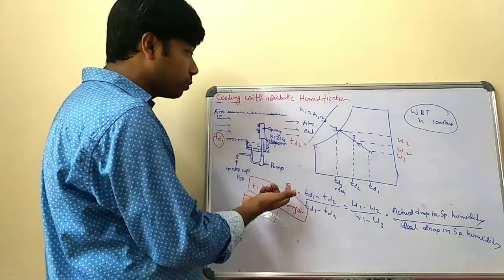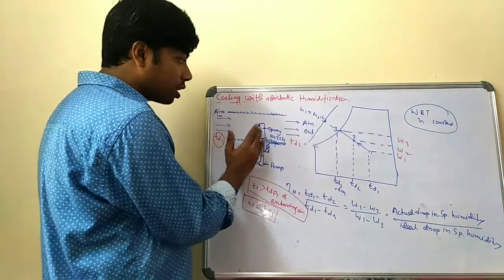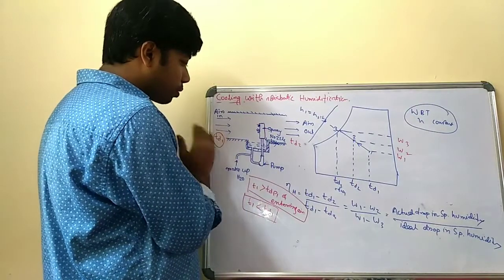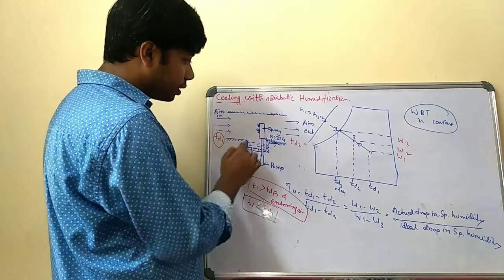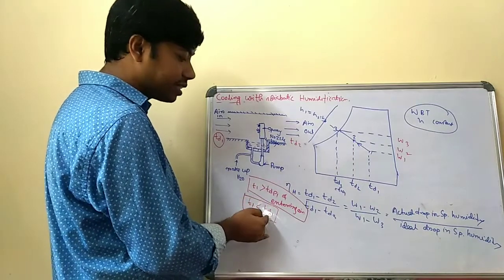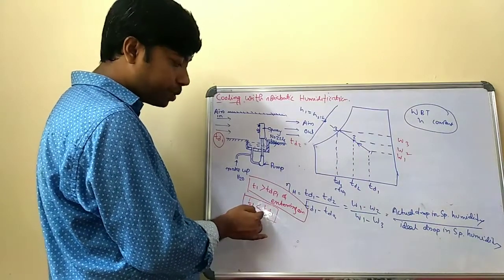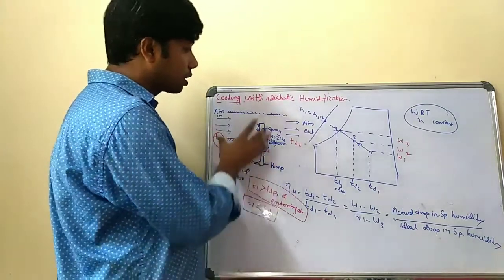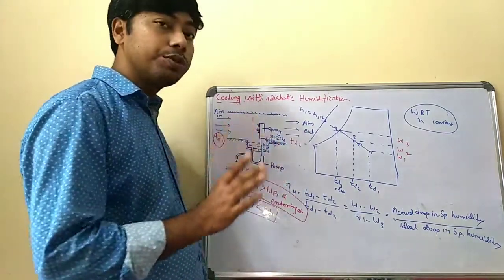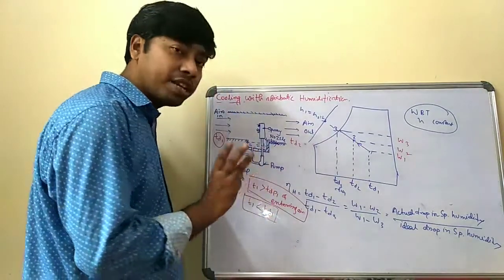But how does the cooling process happen? The temperature in the spray nozzle should be low compared to TD1. So TD1 should be greater than T1, that is, T1 should be less than TD1, so that the cooling process takes place. These are the two conditions for cooling and adiabatic humidification. So there are three main important points.